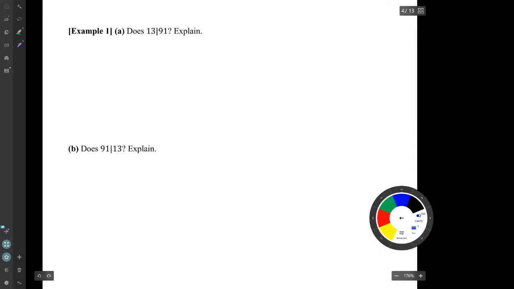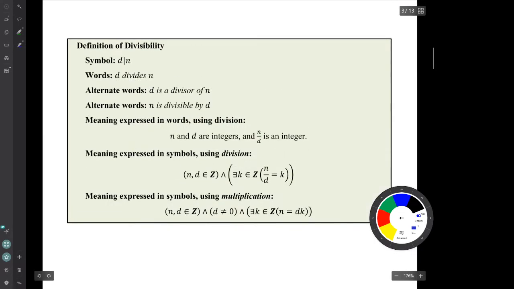Let's do an example. Does 13 divide 91? Now, what does that mean? Let's go back up and look. 13 vertical bar 91 would mean that 91 divided by 13 is an integer.